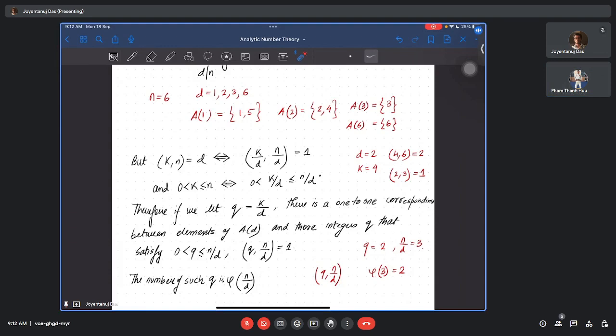The number of elements of A_d is equal to phi of n by d. So that is what we are proving.